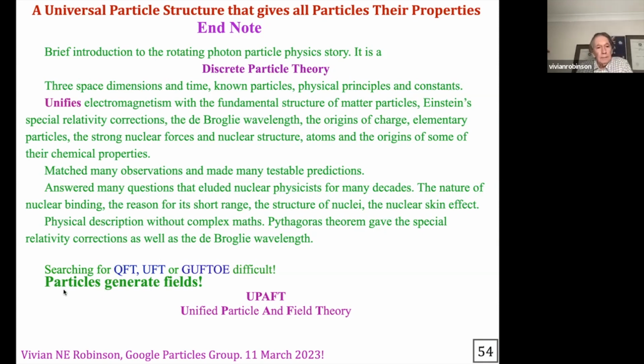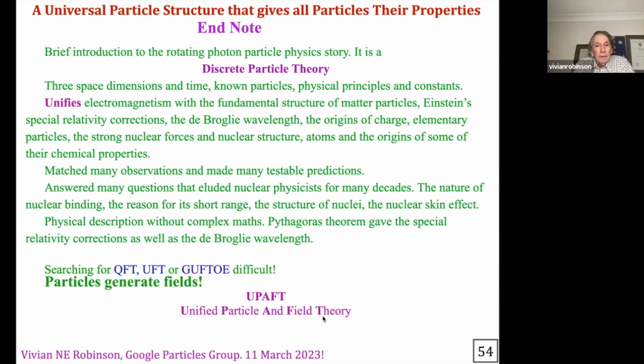I respectfully suggest that particles generate the fields. But the search for quantum field theory, unified field theory, a grand unified theory of everything has been difficult, and progress has been slow, if it can be called progress. I'd just like to suggest that perhaps it's time to try a unified particle and field theory.